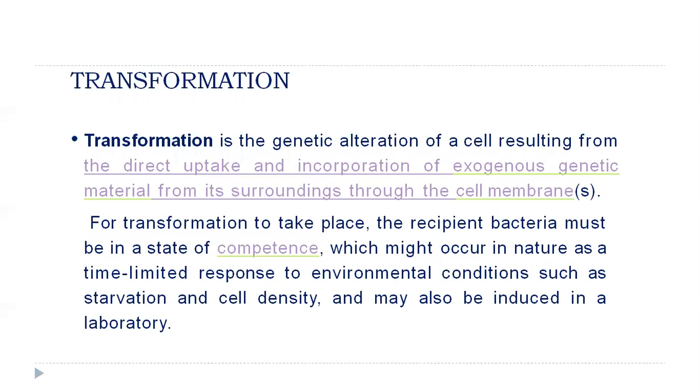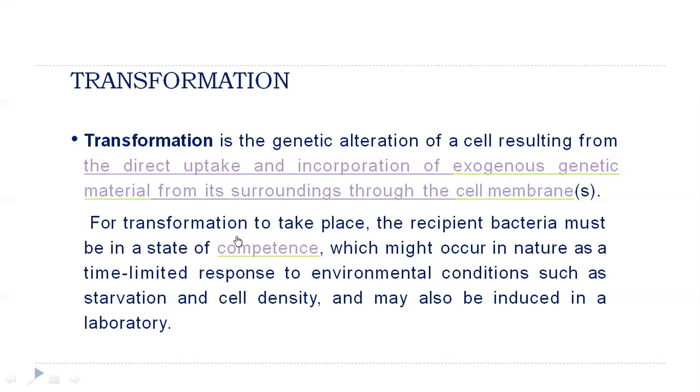Transformation, as already discussed, is the genetic alteration of a cell resulting from the direct uptake and incorporation of exogenous genetic material, meaning the foreign DNA material, from its surroundings through the cell membranes.